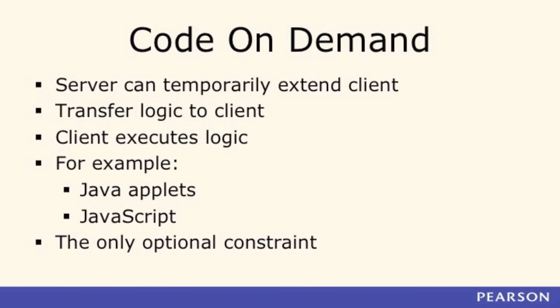So for example, we've all seen Java applets. We won't talk about the pain we've experienced in that. Another example is executable JavaScript snippets. So anyway, code on demand is unique as a RESTful architecture constraint because it's the only optional constraint.